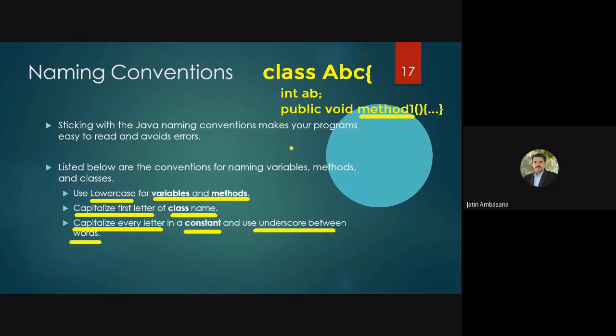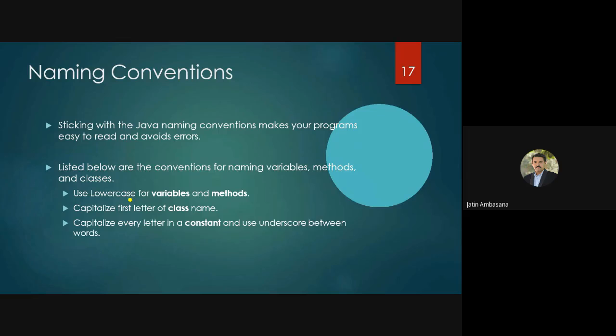And if you are defining a constant, then you use capital letters, which we just saw right before. So variables and method names use lowercase, but camel case is also followed if your name has multiple words inside it.